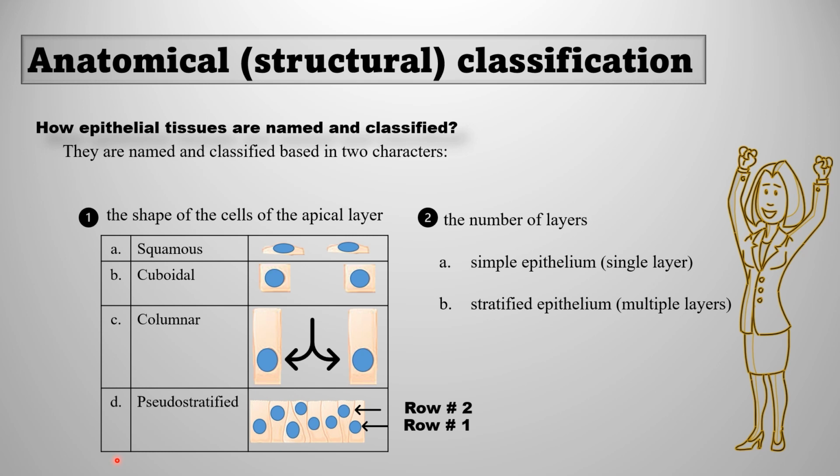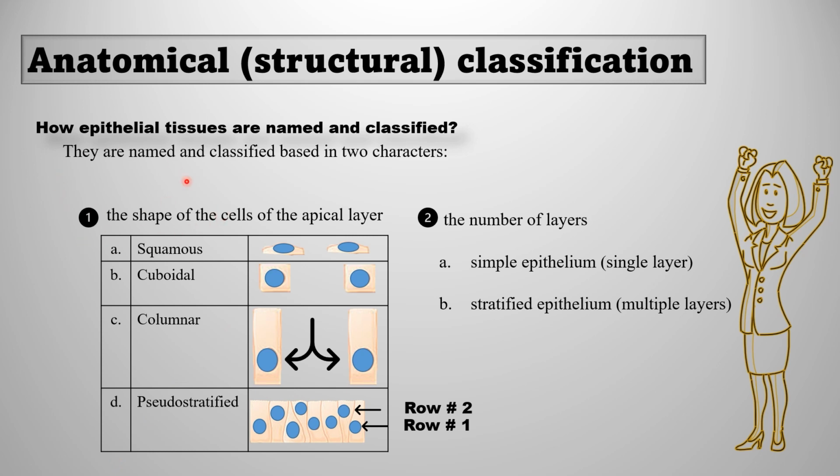Like where? Like the urinary bladder. When the bladder is filled with urine, it is going to distend. So in order to make room, these cells change their shape, and this is called transitional. We are going to see that more clearly in the next slide.